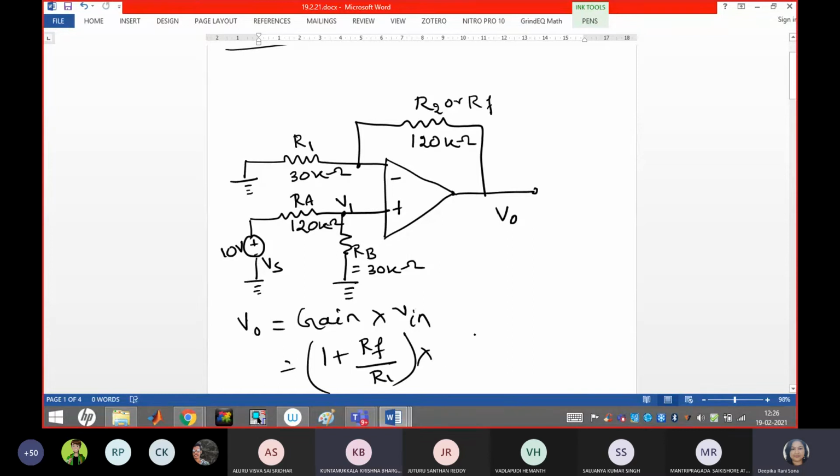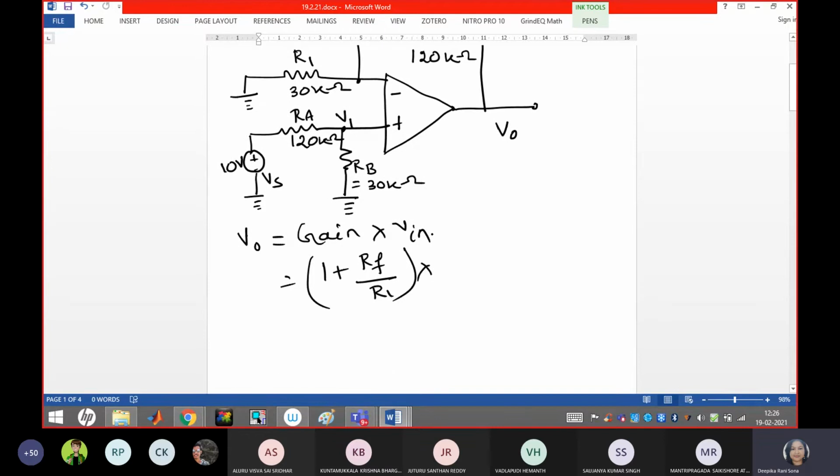Good. What is the reason behind this, guys? Is it inverting circuit or non-inverting circuit? Non-inverting circuit.